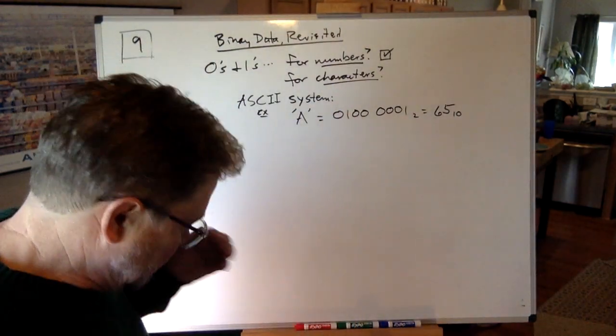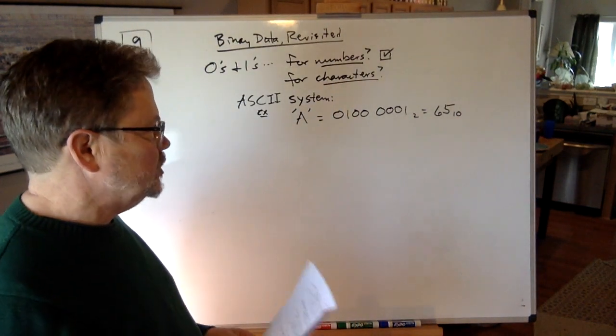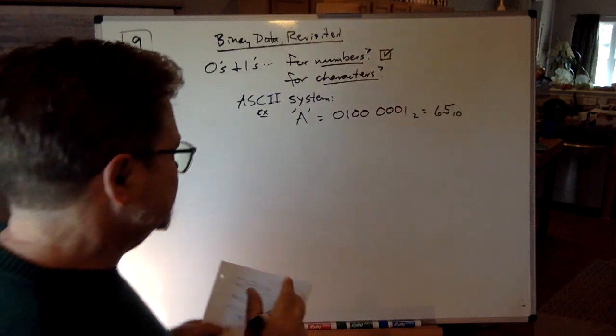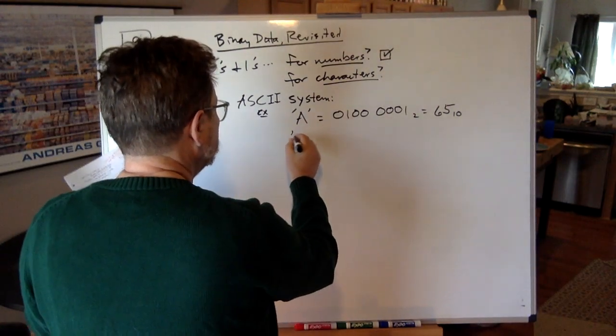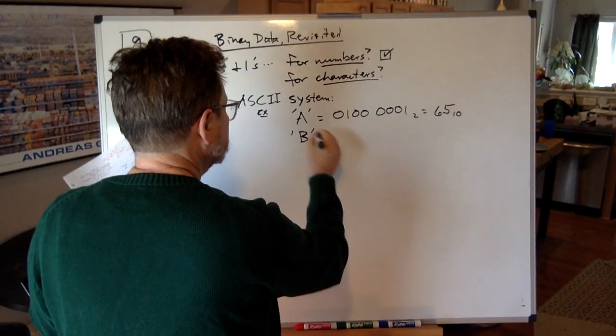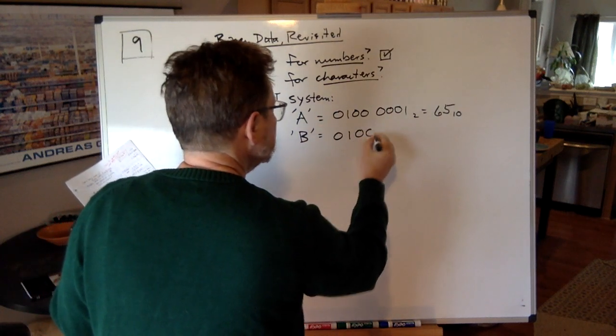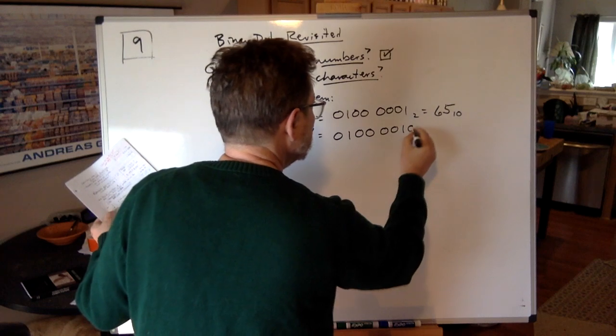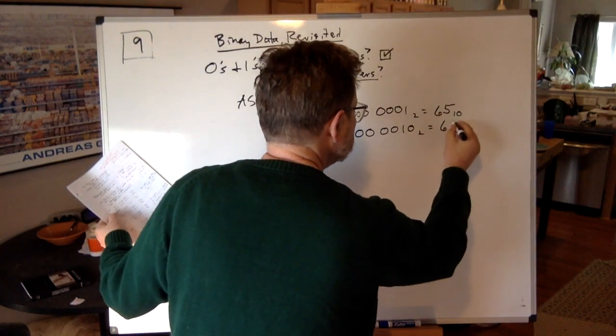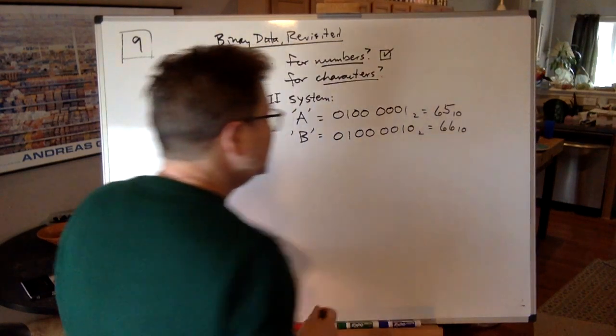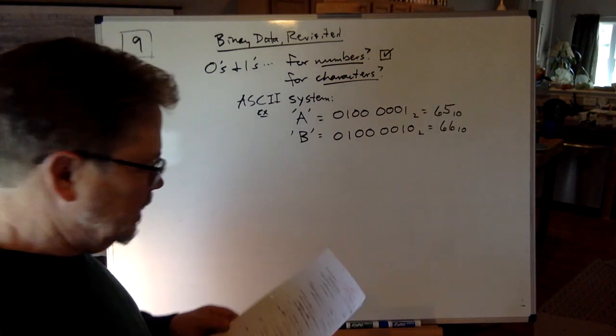Now, in spite of there not being any logical basis for why that should be A, there is some logic to this system. For example, capital B is 0, 1, 0, 0, 0, 0, 1, 0 base 2, also known as 66 base 10. Rapidly, we see a pattern developing.